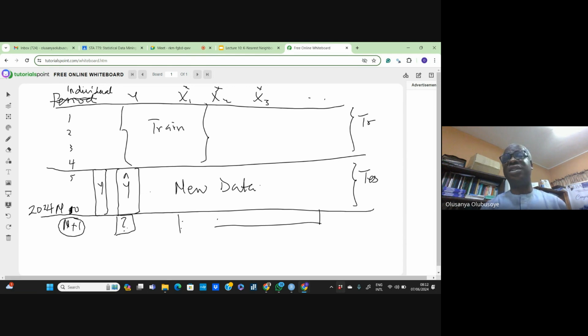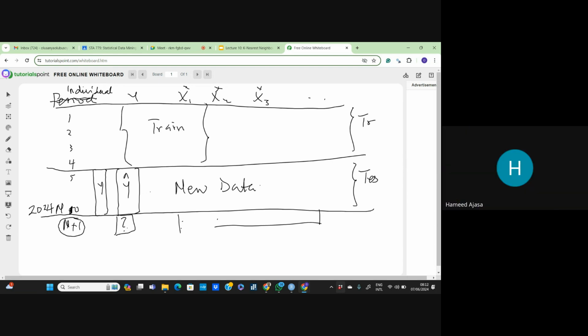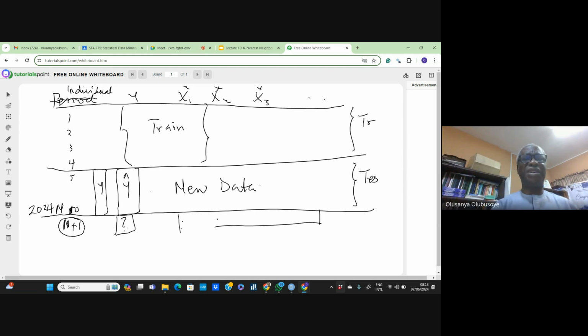X2 could be the gender of the student. X3 could be the score in JAMB or UTME, grade, whatever. So we now want to classify this new student. Will this new student graduate or not graduate?